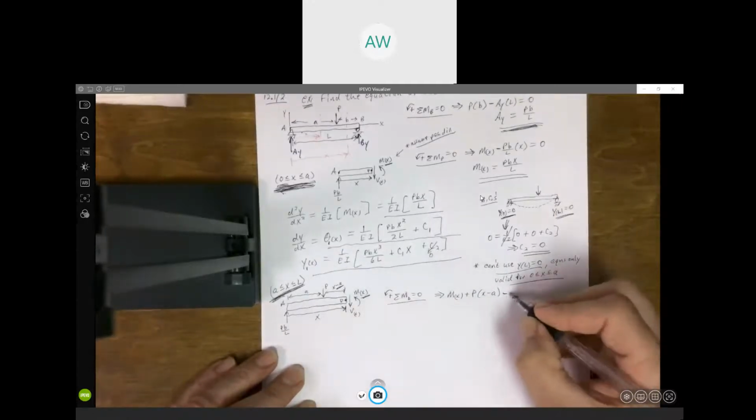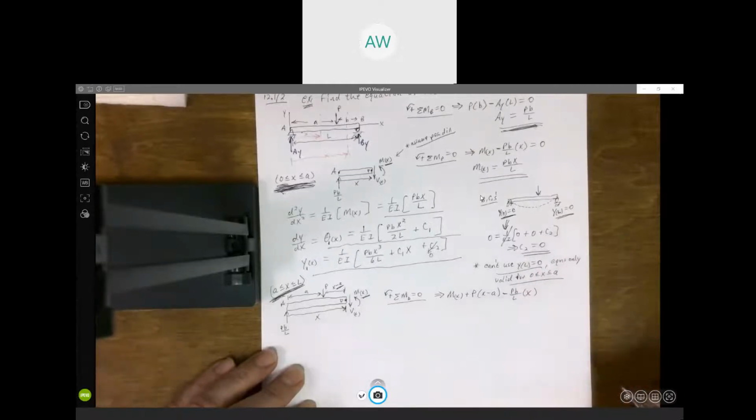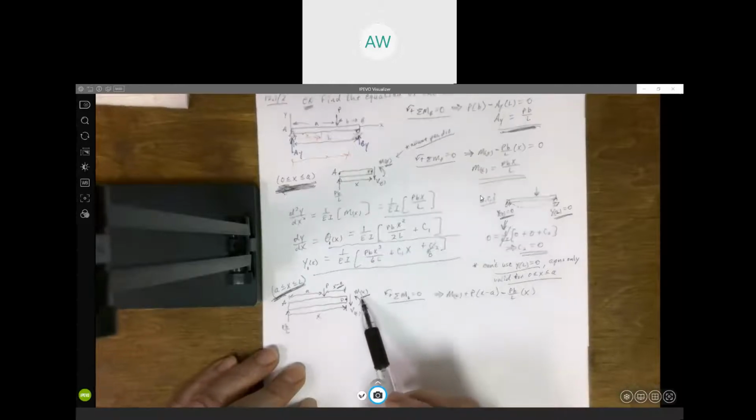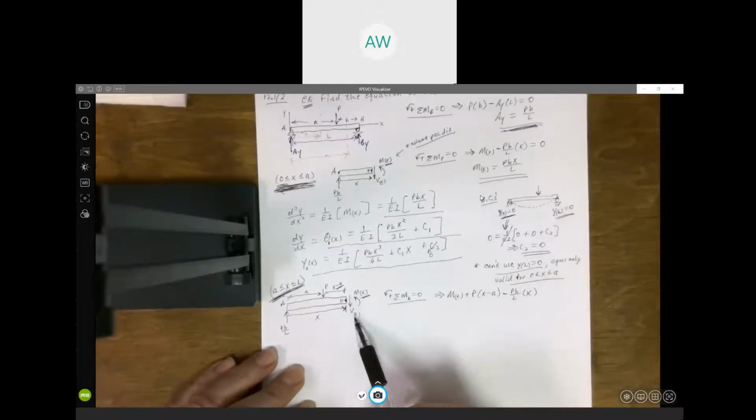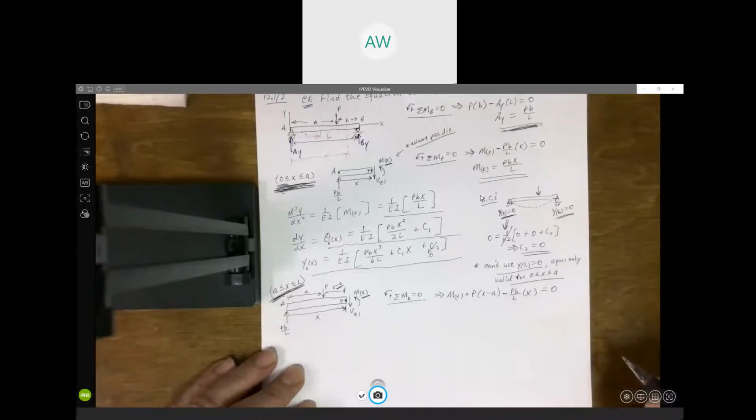So minus PB over L times x. I think that's everything. We got our moment. Again, by summing the moments about this point, we eliminate the shear force V. We got P times x minus a. So I think that's it. Now it's got to be equal to 0.